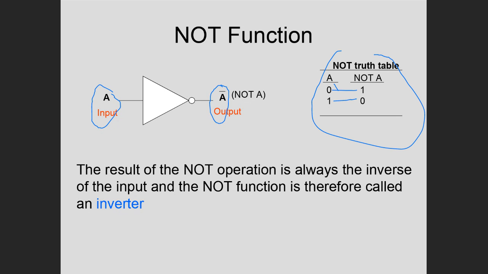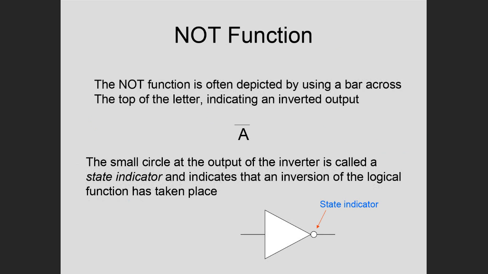Now, let me tell you the way I think about this. It's very helpful to think about it this way. If you look at this gate closely, you'll see there's a bubble right here. This little bubble is called a state indicator. When I think about zeros and ones moving from left to right through these gates and chips, what you want to think about is that when that 0 or 1 hits this bubble, that's when the inversion takes place.